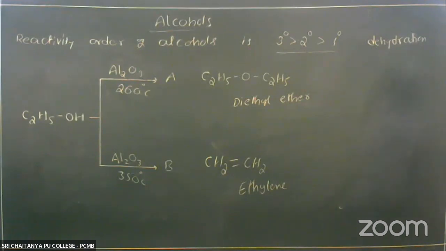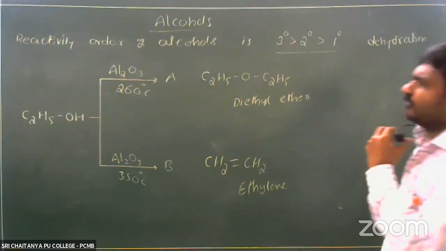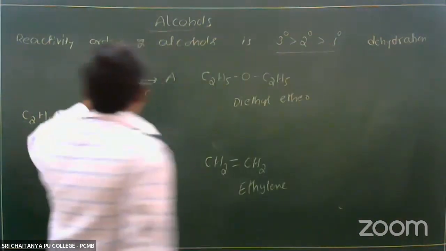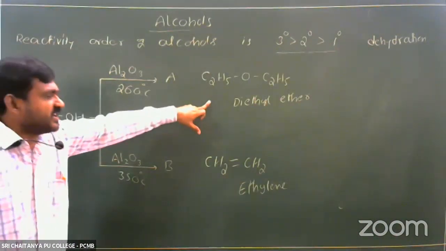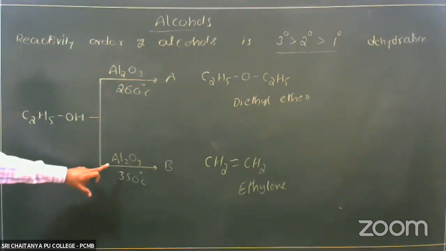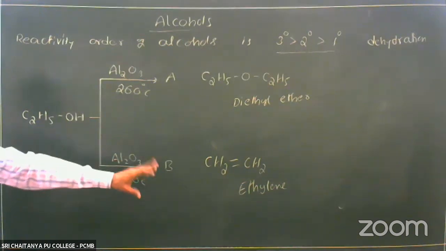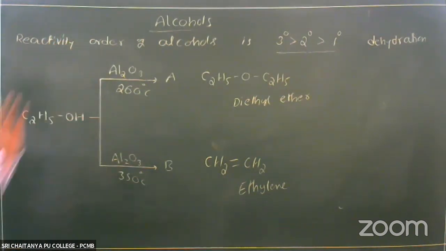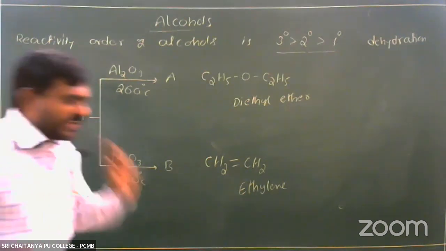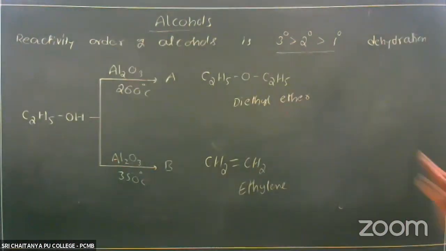So the product formed depends on temperature. With alumina, Al2O3, at 260 degrees centigrade it gives diethyl ether. With alumina at 350 degrees centigrade it gives ethylene. So these are dehydration reactions. What are the dehydrating agents? Sulfuric acid, phosphoric acid, or alumina.